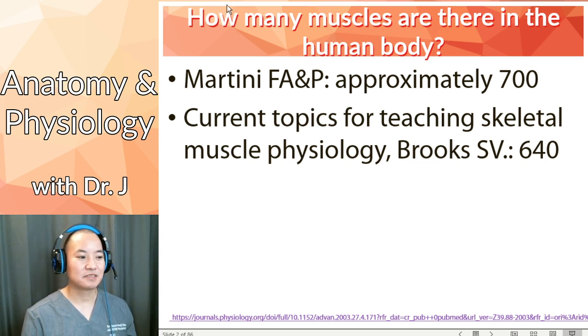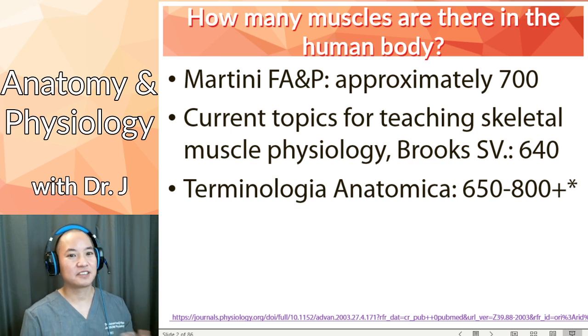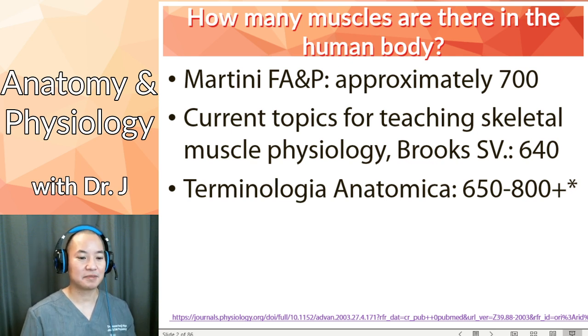And I found one resource, but I was trying to find, okay, is there actually a list of all the 640 muscles? And then there's the official Terminologia Anatomica. So this is the official international resource for the nomenclature and naming of everything in anatomy.